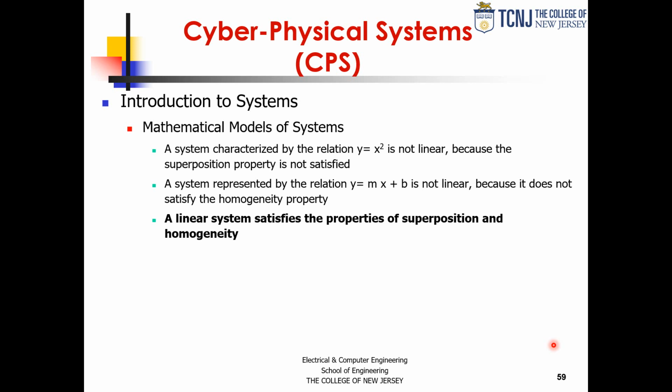Just to use the homogeneous case, if I put an input x1, my output y1 becomes m times x1 plus b. And if I put x2, then I get an output y2, m times x2 plus b.